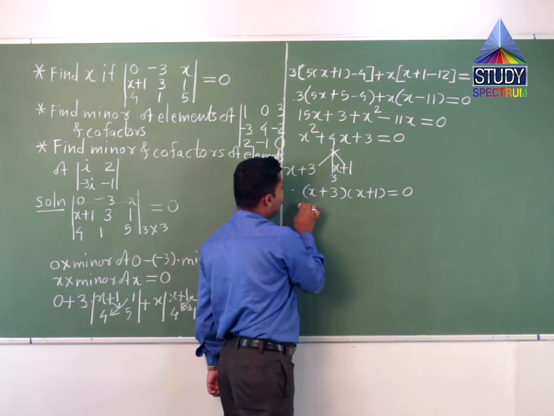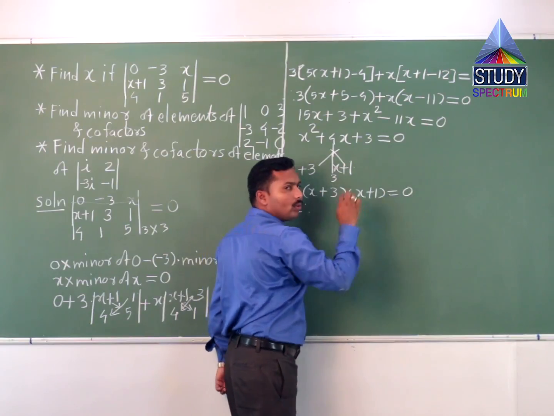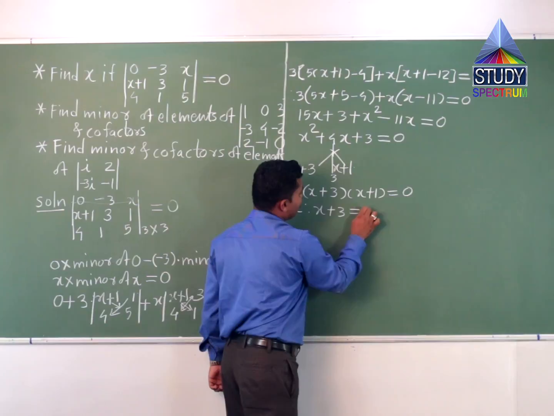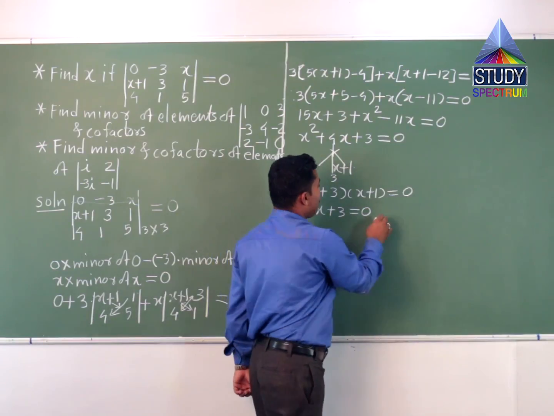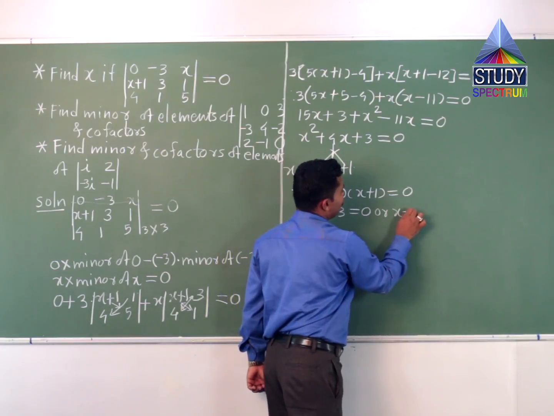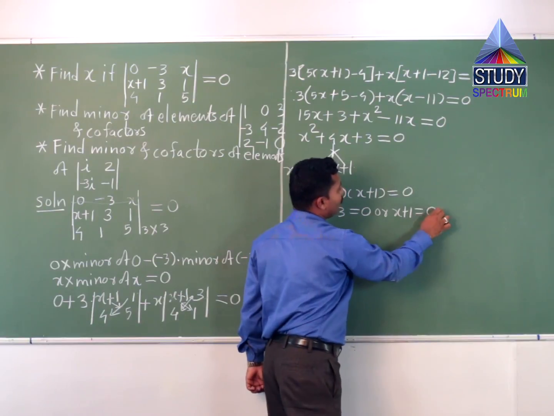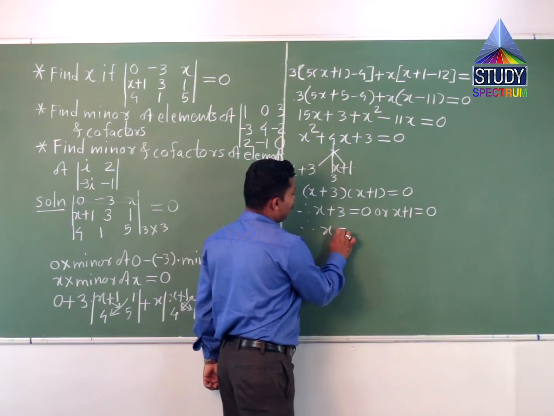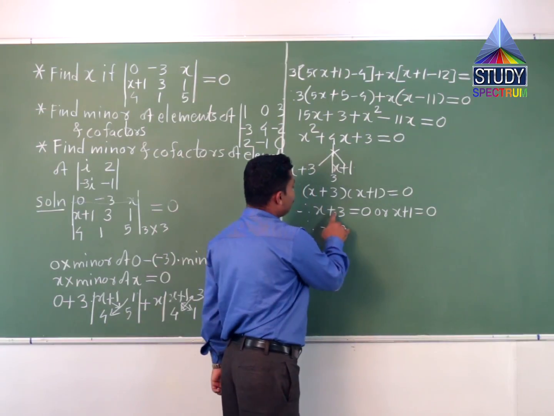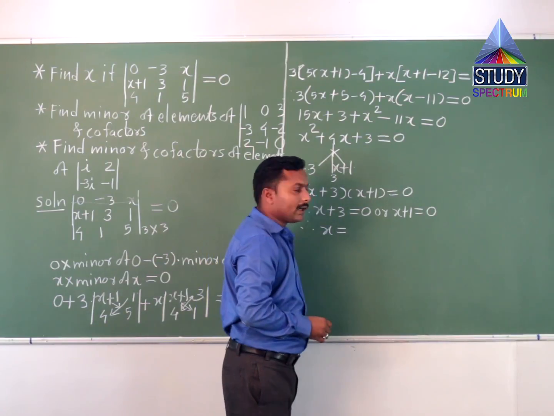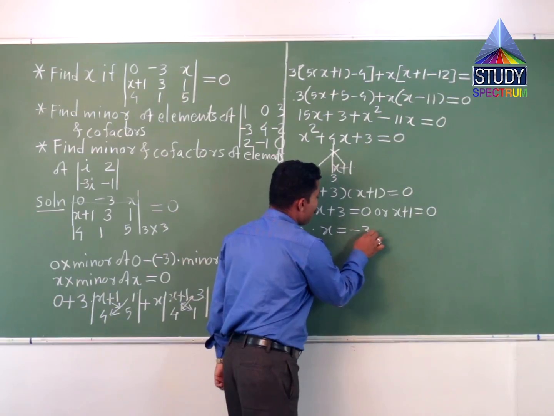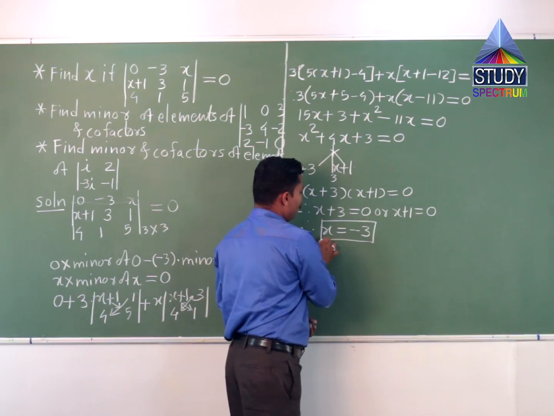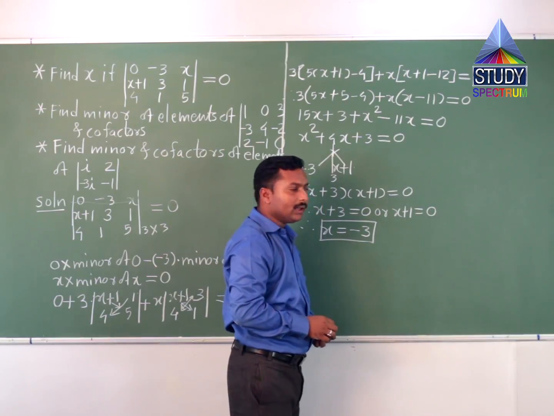so that x plus 3 equal to 0, or x plus 1 equal to 0, and therefore x equals what? This plus 3 shifted to the right hand side, x equals minus 3.